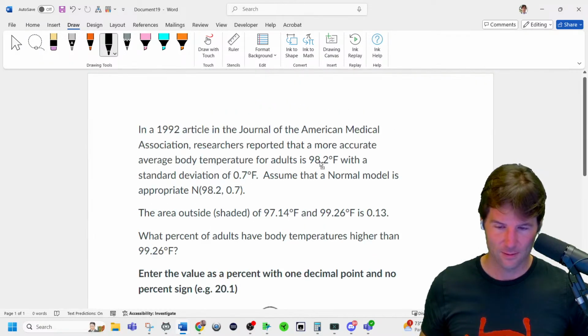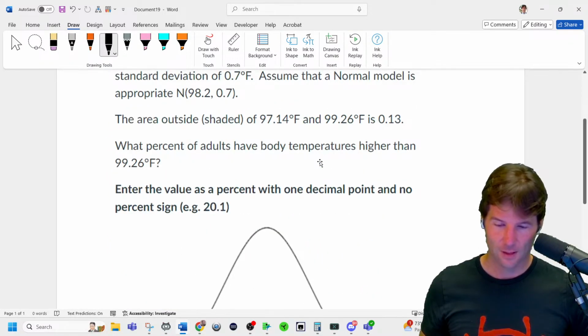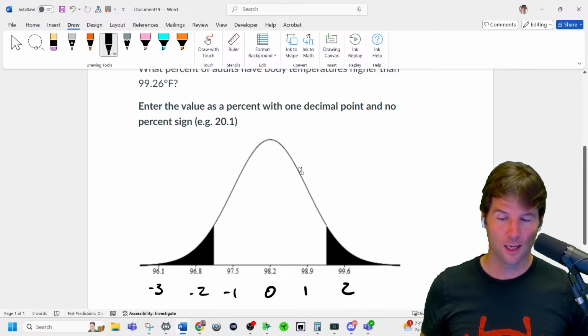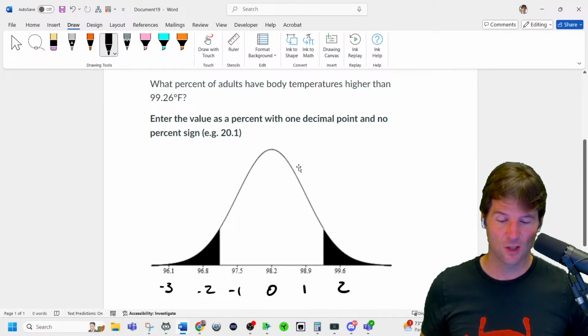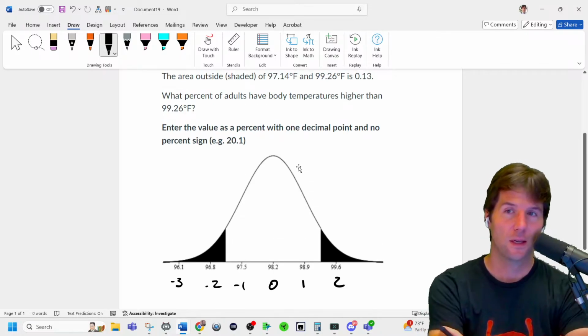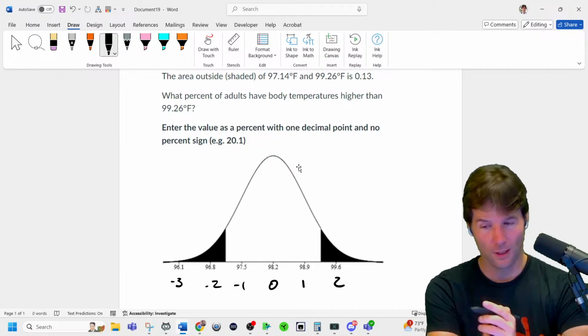So what percent of adults have a body temperature higher than 99.26? This question's easier than you think. 99.26 is between a z-score of 1 and what? Look at this curve and tell me 99.26 is between a z-score of what and what? 1 and 2.